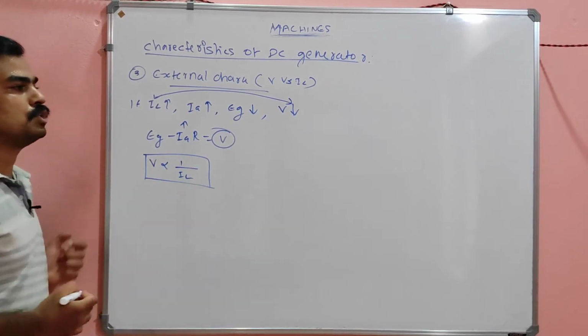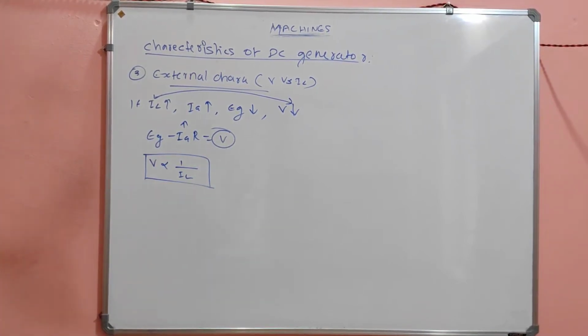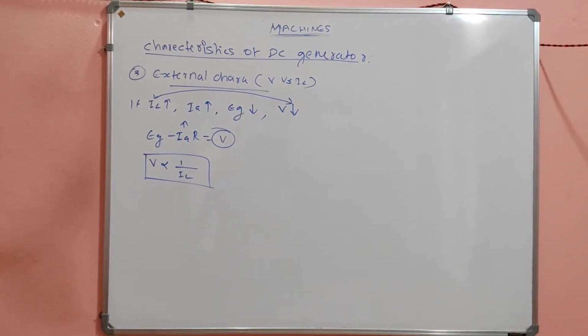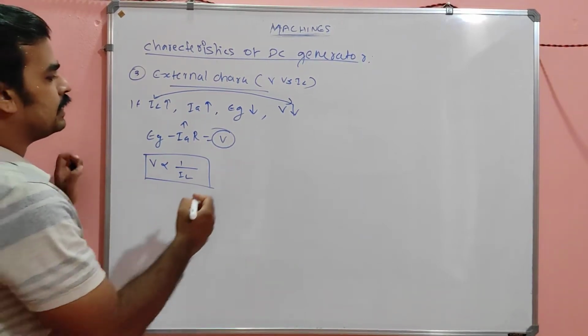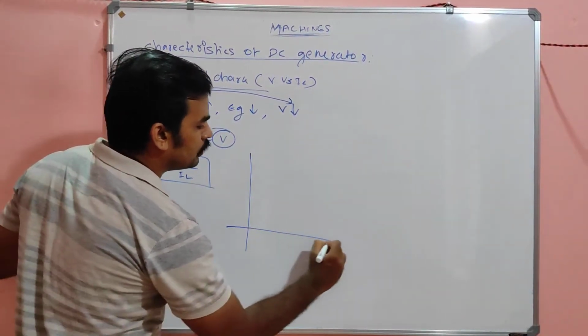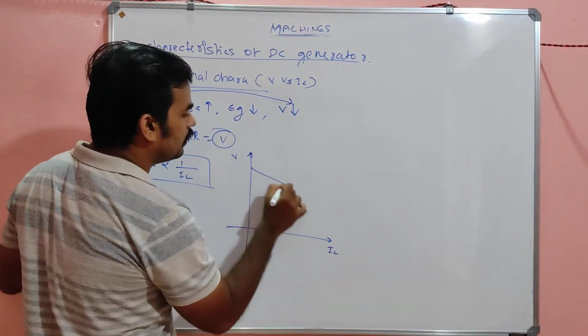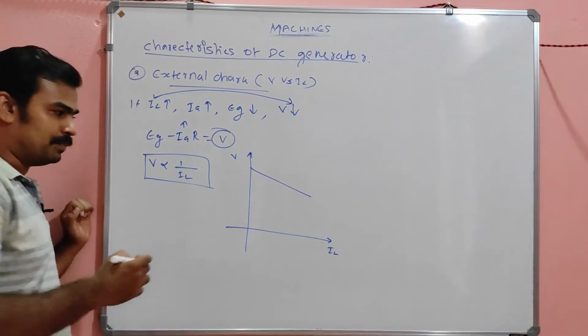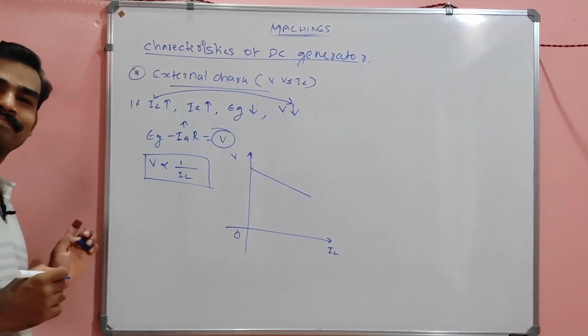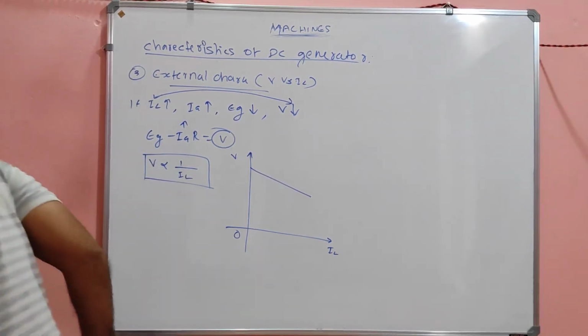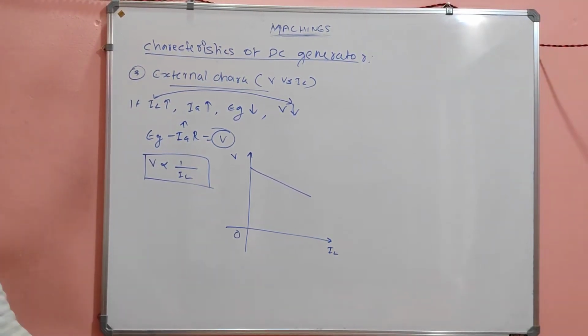Am I correct, my dears? The graph between IL and V will be an inversely proportional graph. So that's all about the internal characteristic, my dears.